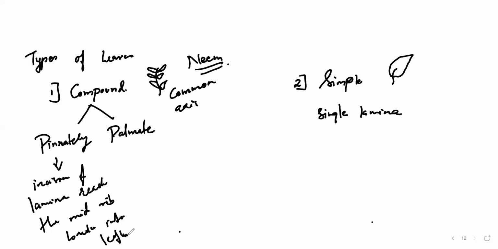Means if suppose this is the midrib, it will go to the entire leaf like this. So it will reach that particular lamina. Hence they are called pinnate leaf. Pinnate leaf will be having a common axis, whereas the palmate leaf will be having just a common point.